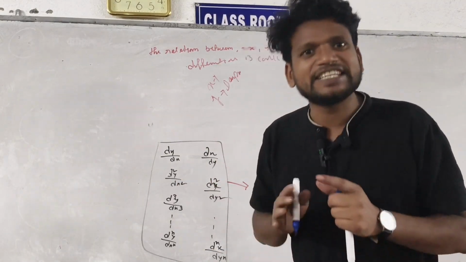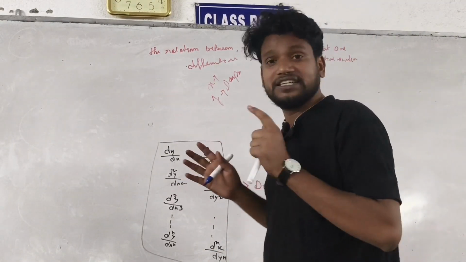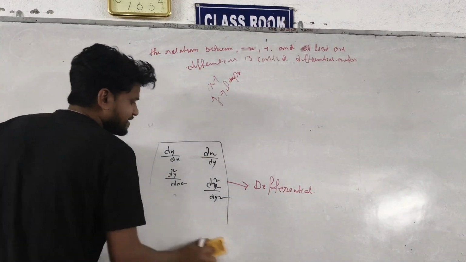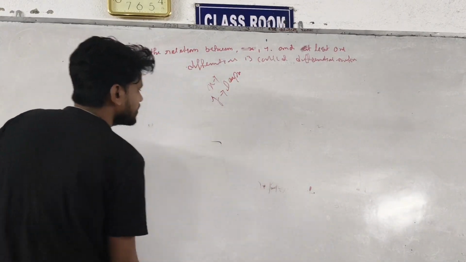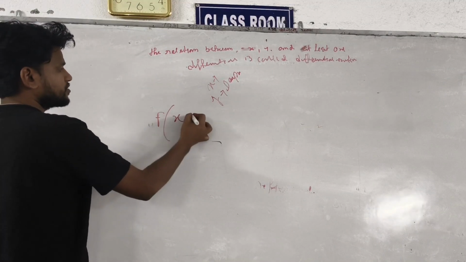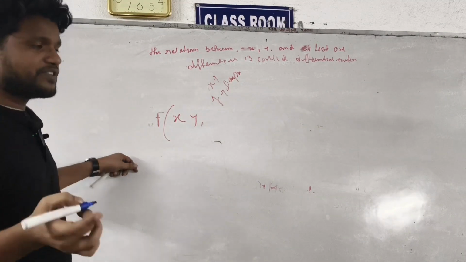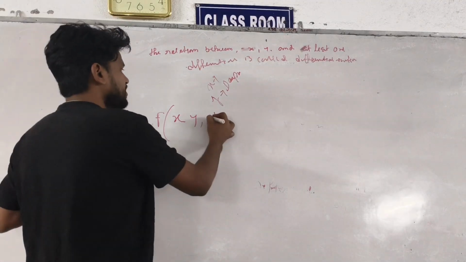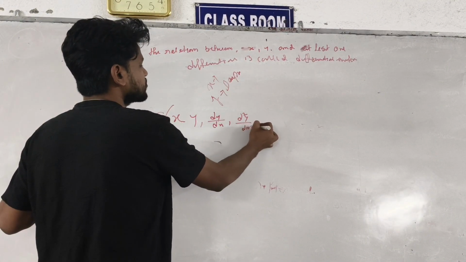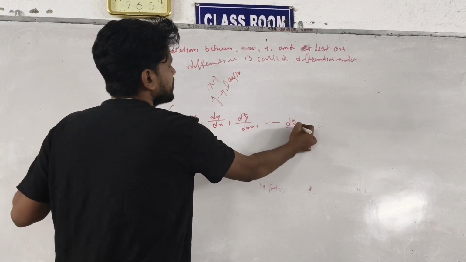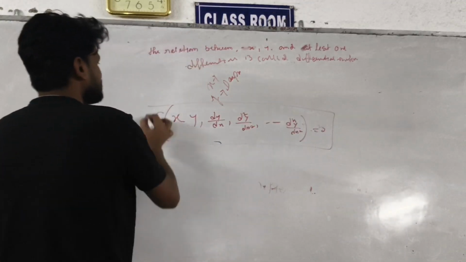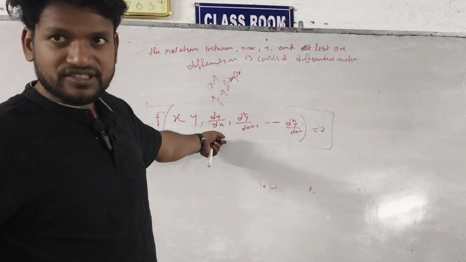I hope that you understand the main definition. So this is the function of x, y, and at least one of dy by dx, d2y by dx2, and so on, equal to 0. This is the main definition.